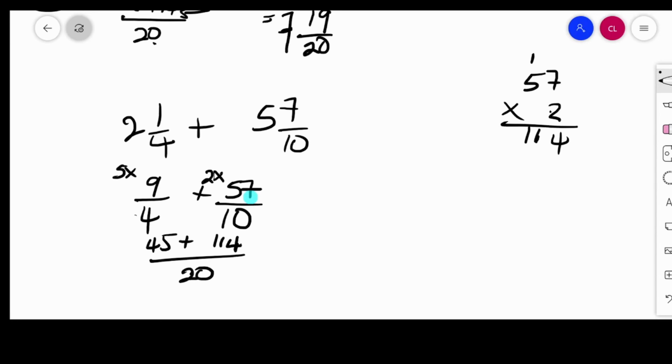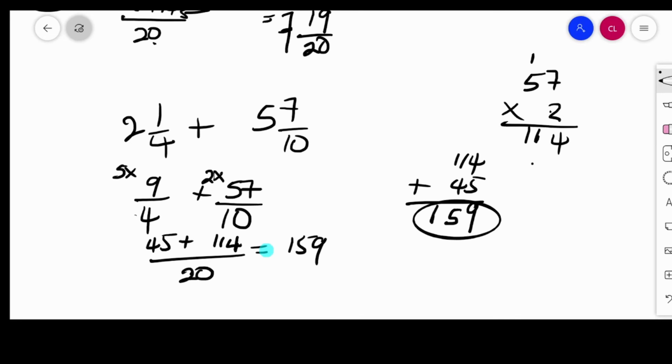Let's go with 114, and we're going to add 45 to that. So if we have 114 and we add 45, we're going to get 5, and 4 and 1 is 5, and bring this 1, so we end up with 159. Okay, 159 over 20.